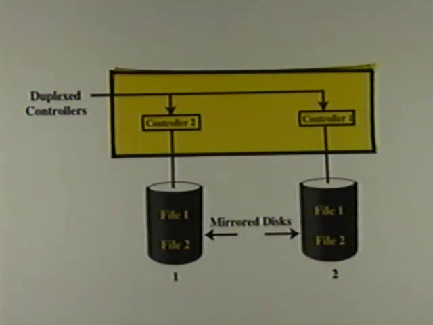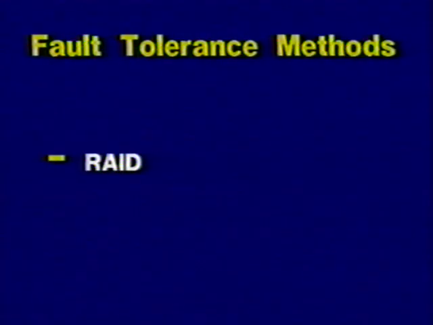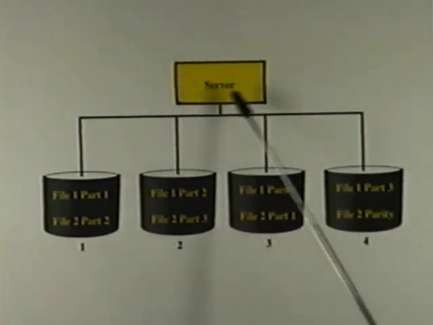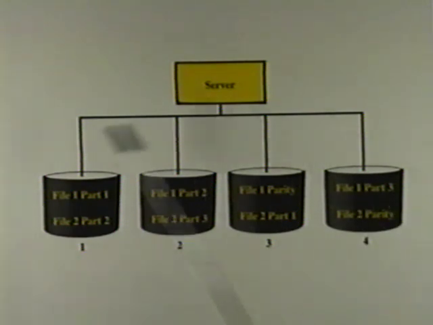The next fault-tolerant method is called RAID. RAID stands for either redundant array of independent disks or redundant array of inexpensive disks, depending on who you ask. And essentially, the goal of RAID is to spread the data out over several disks. Now, let me use a diagram to explain this one too. Here we have our server, and attached to the server are some RAID disks.